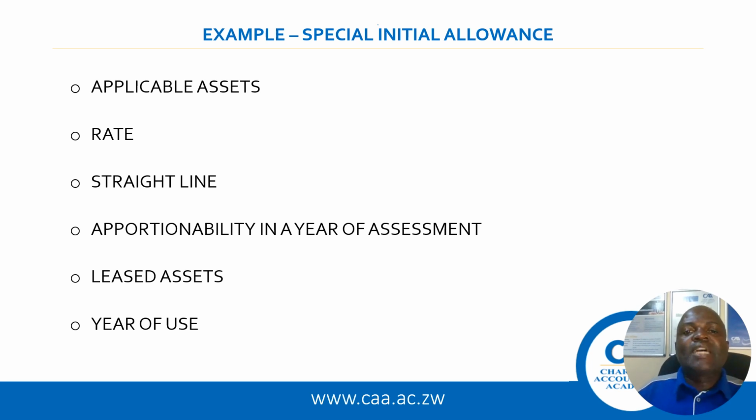This is repeated across all the other types of capital allowances, and you'll then be able to say, these are my four, this is when I use them, I can only use them on these assets, these are the rates, is it on a straight line or reducing balance basis, can I apportion, what happens when I'm leasing assets, and so on. As a candidate, therefore, it is very important for you to go through that material.